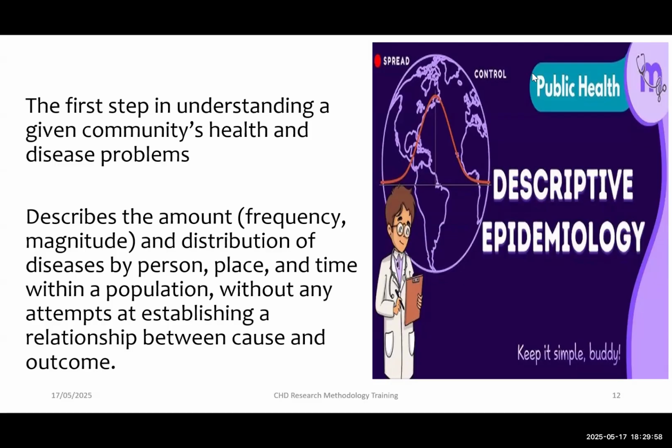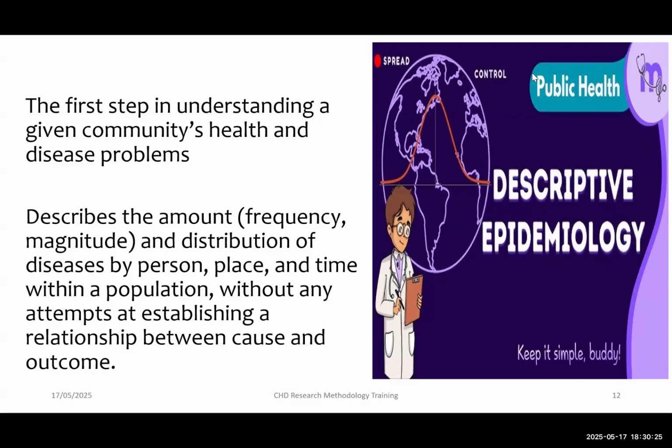How many people are being affected? What age group is most affected? Which area? Does this happen more in the urban area than in the rural area, or in the northern part than in the southern part? And at what particular time? Is it seasonal, happening during the rainy season or the dry season, or in places with summer and autumn?